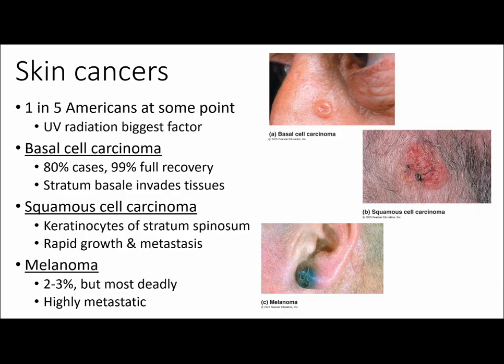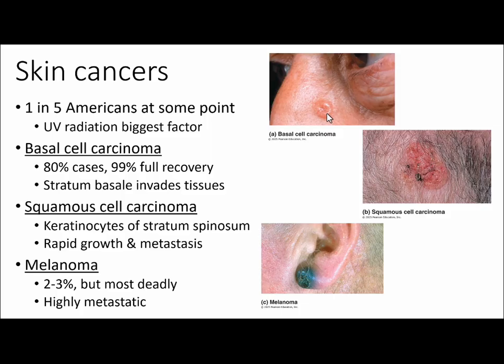So we have 3 main types of skin cancer. The first one is a basal cell carcinoma, which is this top image right here on this gentleman's nose. Your basal cell carcinoma makes up 80% of skin cancer cases. Although it is the most common type of skin cancer, it's also the least malignant.